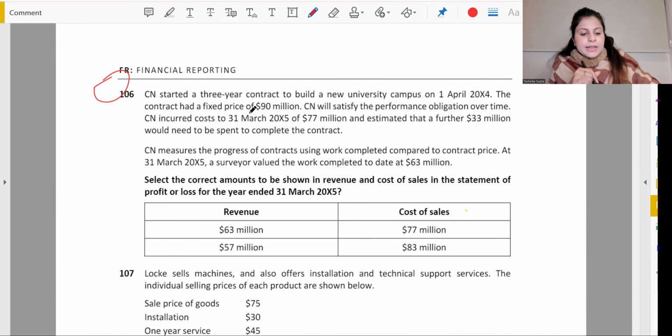Question number 106. How many questions have we done till now? Were we able to maintain any record? How many questions have we done? How many questions done? Come on, quick. No record? The record keeper left.